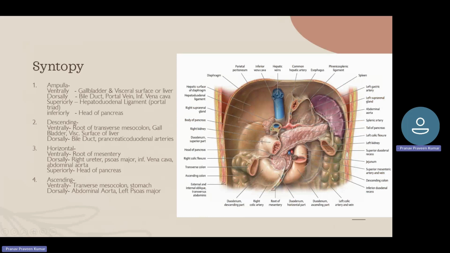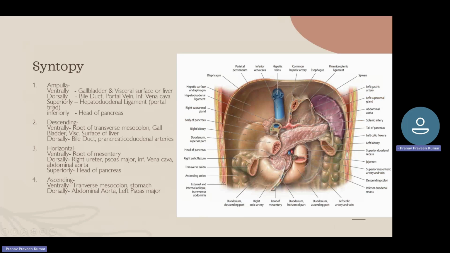And now the descending part of the duodenum. If you can see here, you can see a duplicature, almost a plastic kind of looking object there. This would be the root of mesocolon. The root of mesocolon is the one right here, and this would be the root of mesentery right here.